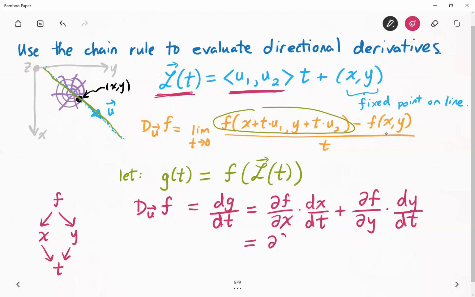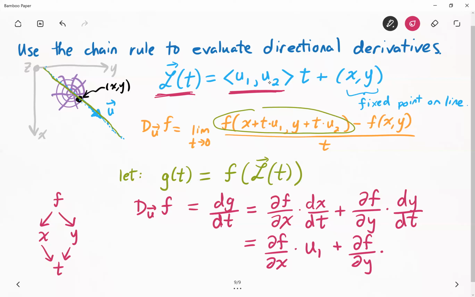So we can actually rewrite this. Right? As we move along the line L, how does a change in t change x? We're taking the fixed x value and we're adding t times u1 to that fixed x value. So dx dt is u1 plus partial derivative df dy times, well, as we travel along this line, how does the y value change?